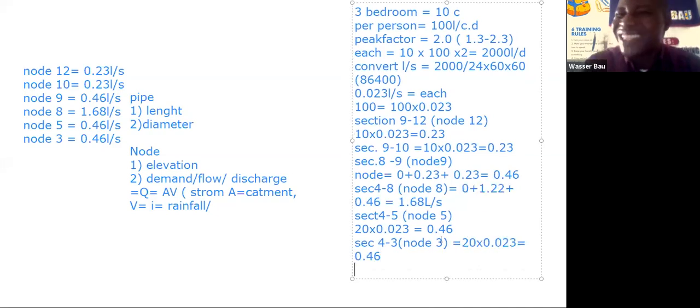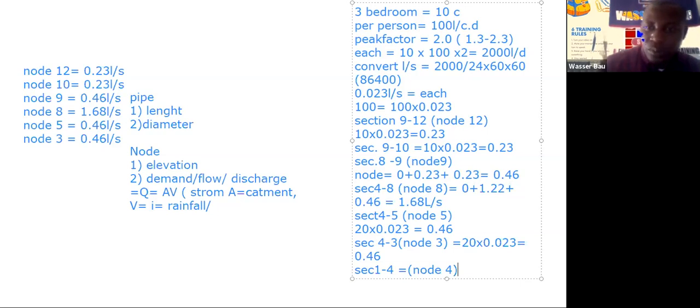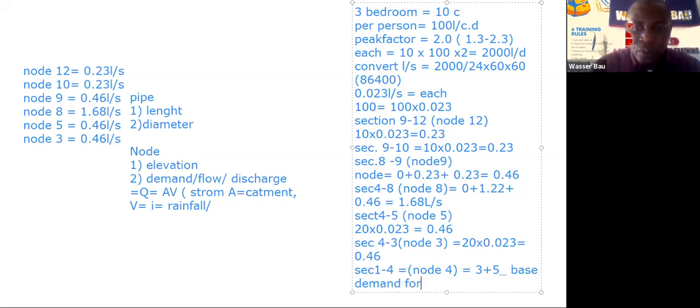So here we're talking about section 1 to 4, and we're talking about node 4. And we'll say that node means it's going to be 3 plus 5 plus base demand for 4. And that gives us what?